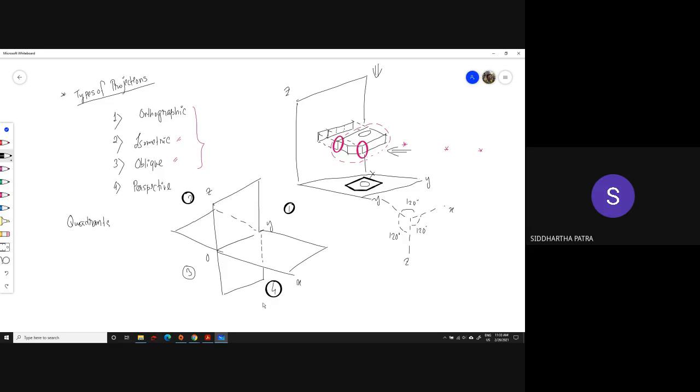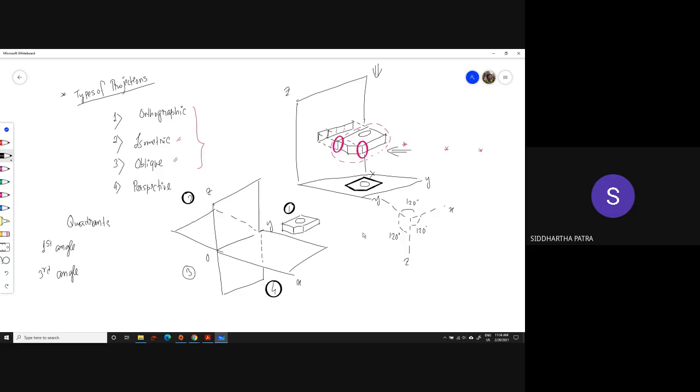Now we typically introduce first angle projections and third angle or third quadrant projections. What happens in a first quadrant projection is that you keep the object, again, this is the object that I'm trying to draw the projections of.